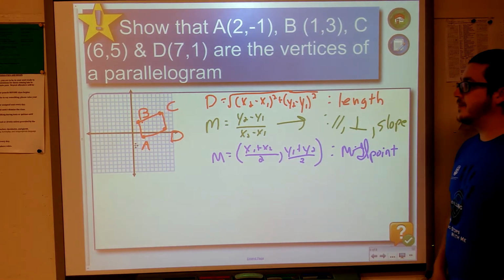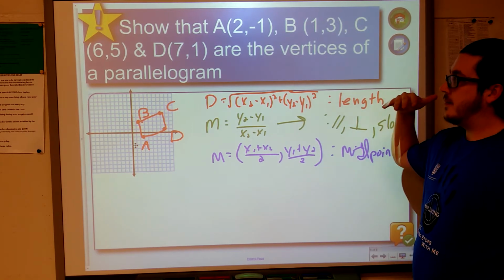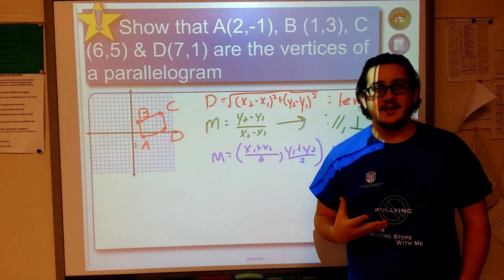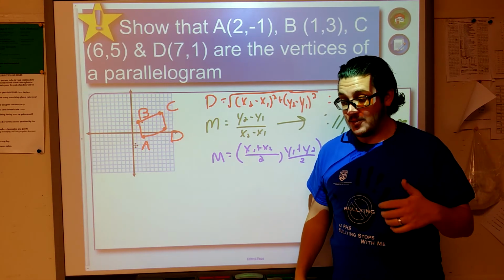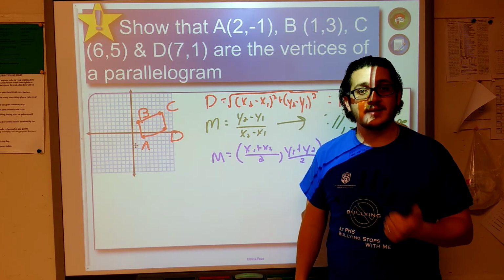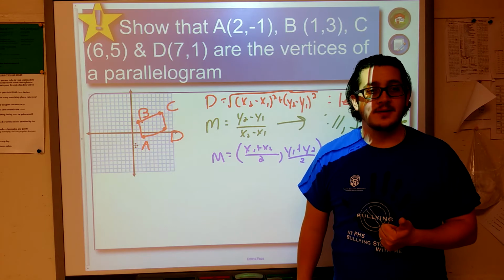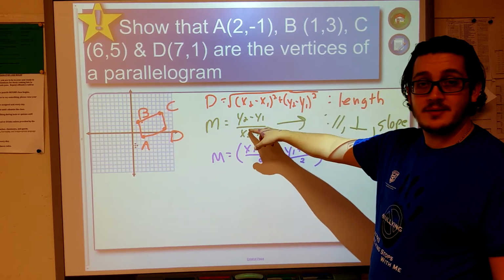So if we're thinking about everything in our lesson today and yesterday, a parallelogram has two sets of opposite sides parallel. Which formula will we use to show that? Slope.